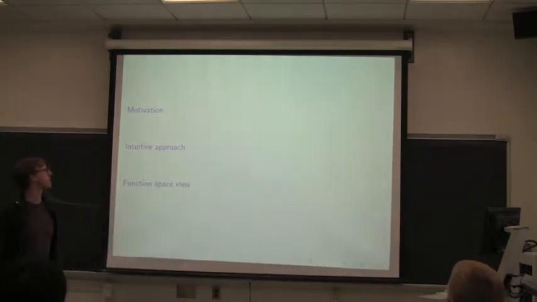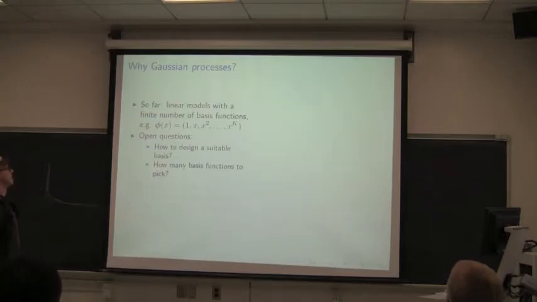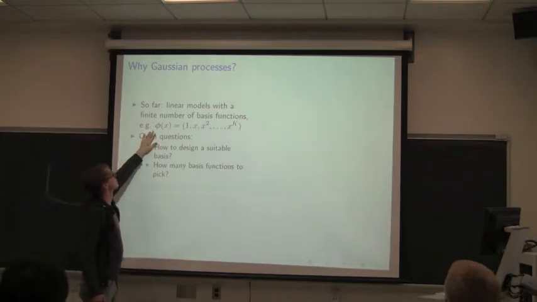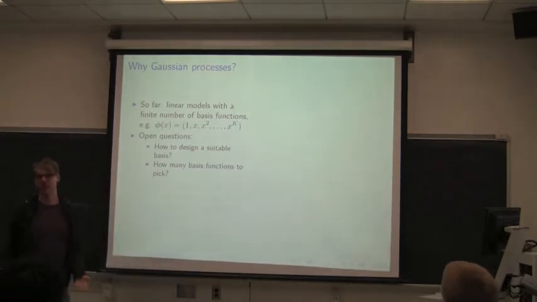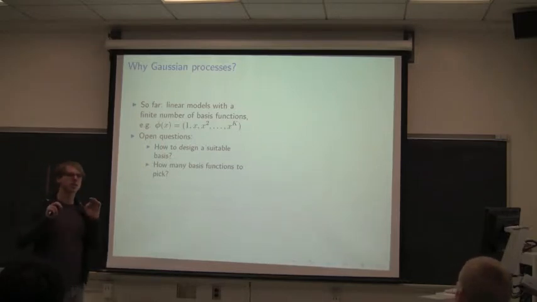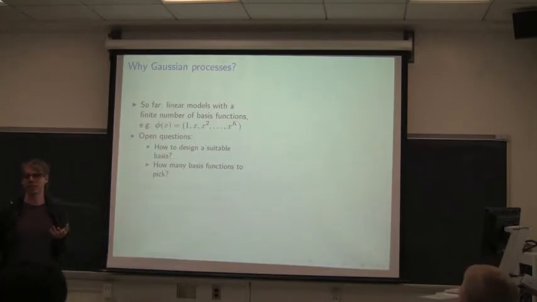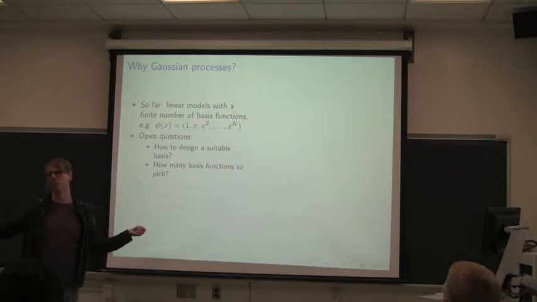And what comes now? Okay, so why do we want Gaussian processes? We have linear models with basis functions, where the choice of the basis functions results in how our model will look. If we use polynomial basis functions, then we fit polynomials.